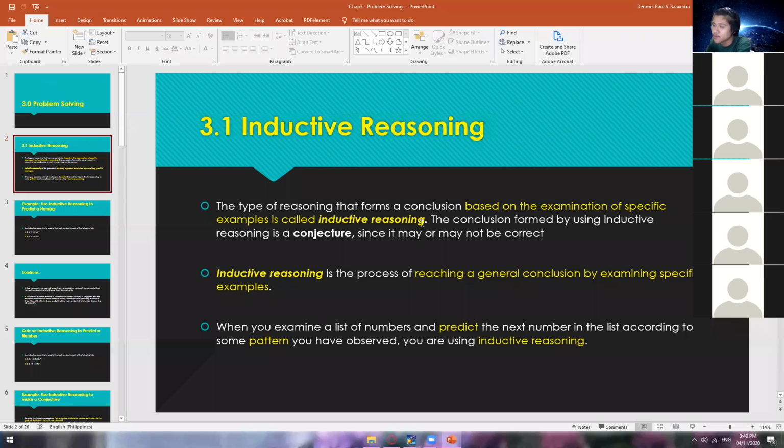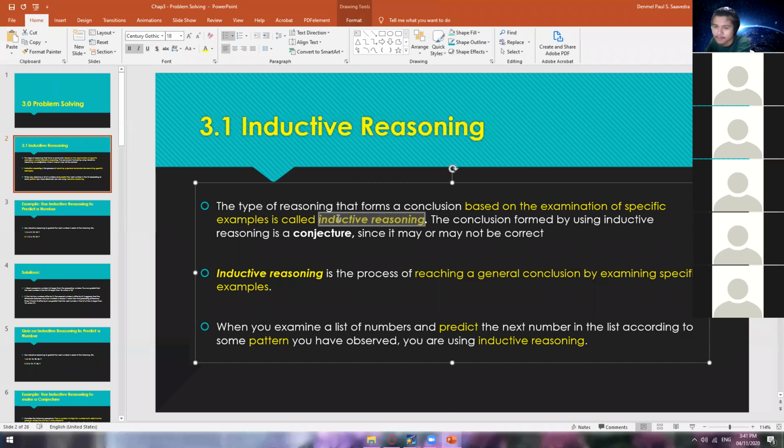If you're observing or trying to predict what will be the next pattern or the next value based on those examples, then you're using inductive reasoning. The conclusion formed by using inductive reasoning is a conjecture. You're trying to project what might be the next thing that will happen.